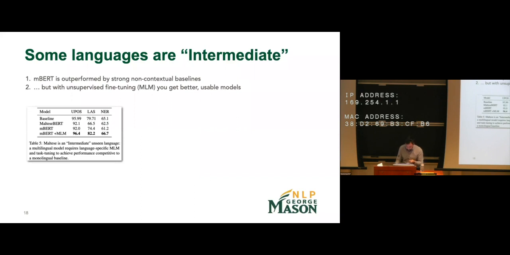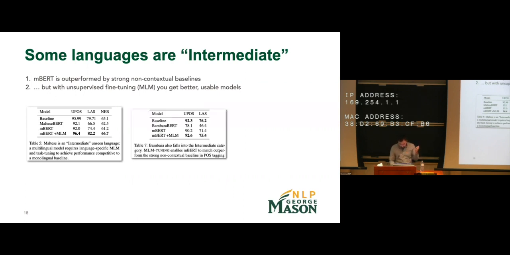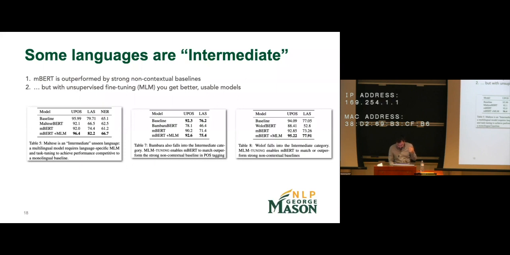So say for Maltese, you'll notice that the baseline, which is static embeddings trained on the same data as a Maltese BERT, performs better than the Maltese BERT. But if I take multilingual BERT and do continued fine-tuning on the little Maltese data that I have to produce a model tuned to Maltese, then we can outperform all of the baselines and produce decent systems. The same for a couple of other languages like Bambara or Wolof.